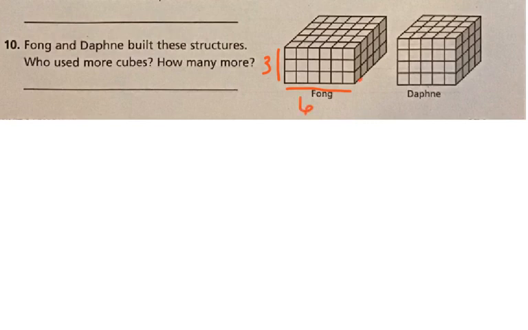And then the number of cubic units deep, which is 5. And then we multiply 3 times 6 times 5. 6 times 3 is 18. 18 times 5 is 90, and that's cubic units for Fong.